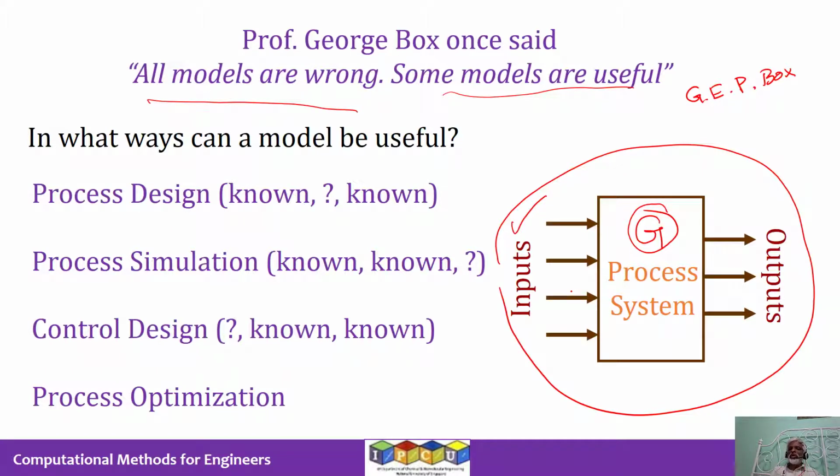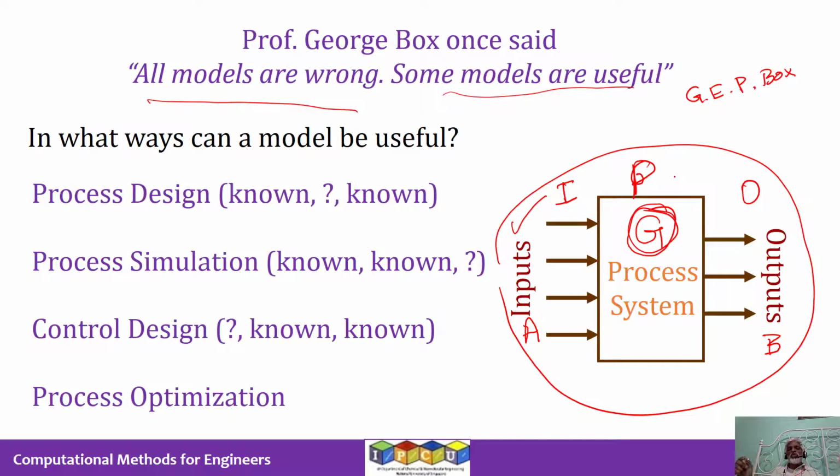So the input will be material A, the output will be material B, and the physicochemical phenomena that convert A to B is what, in abstract terms, is called G. So a model has three components: inputs, outputs, and the process. We can call it P or we can call it G. That is just a symbol, right? So input, output, and the process, which are three components.